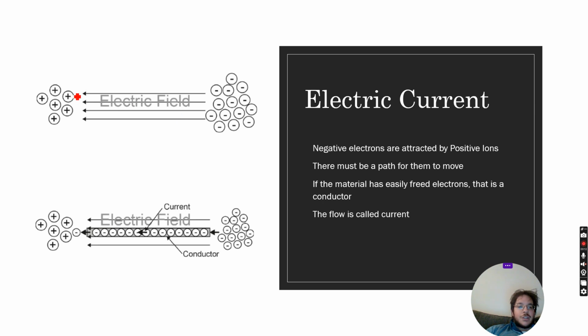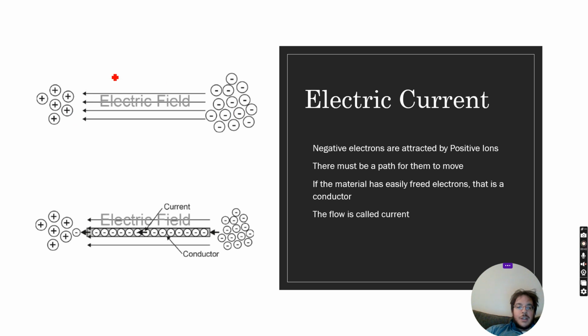opposites attract. So in a substance, in a material, we've got positive charges called ions, and we've got negative charges called electrons. Now, in some material, the stuff is fixed, but in some material, it can flow. So the negative stuff can flow and it can try to get to the positive stuff.